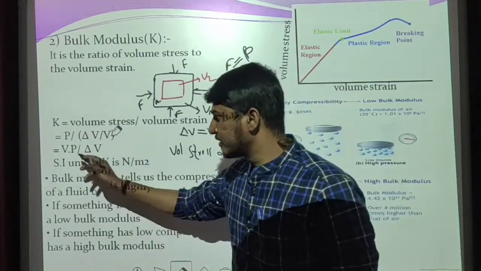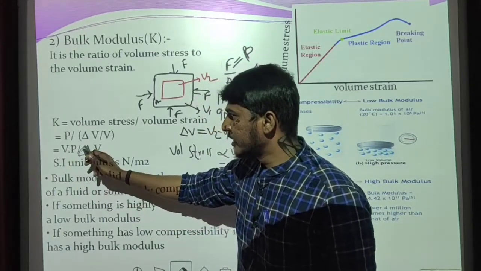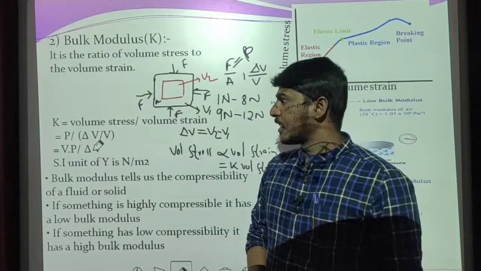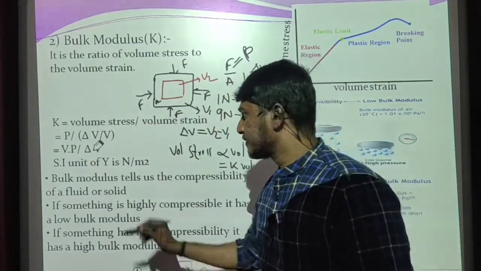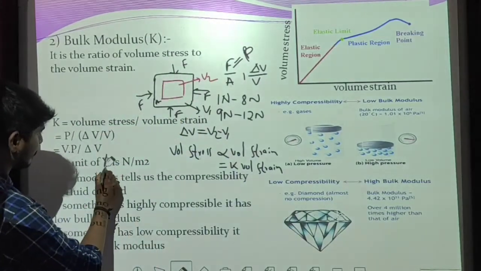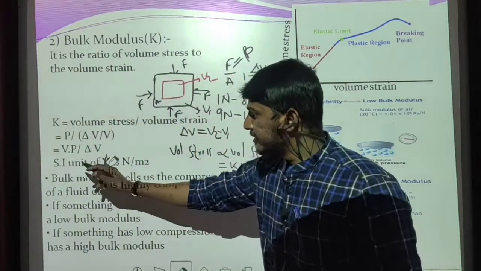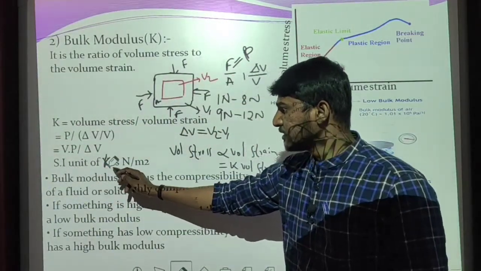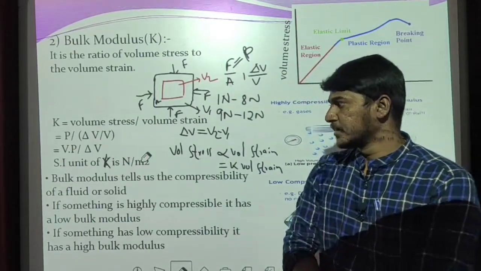If you interchange terms, you will get original volume into pressure divided by change in volume. And the SI unit of bulk modulus, that is K, is Newton per meter square.